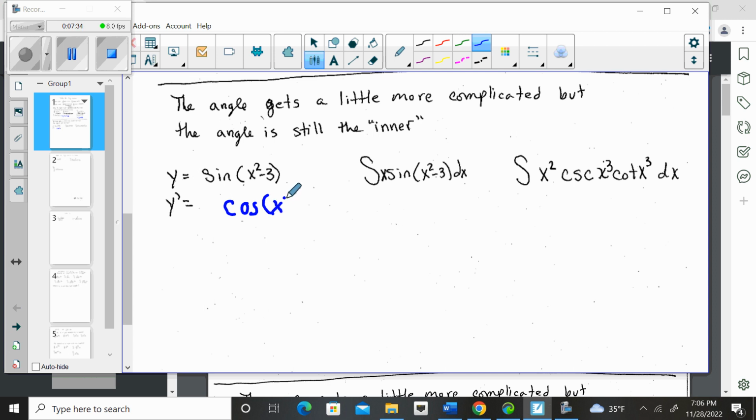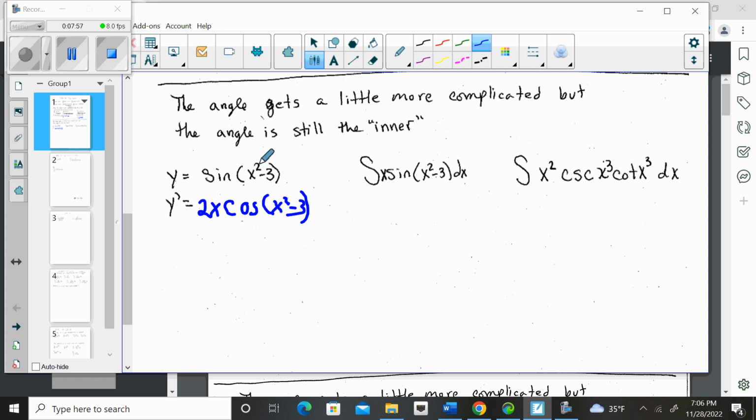Okay, and notice I left space in front because then I need to do the derivative of the inner of the angle. And we want to put the 2x in front because otherwise we'll get confused about whether the 2x is part of this angle or whether it's not.